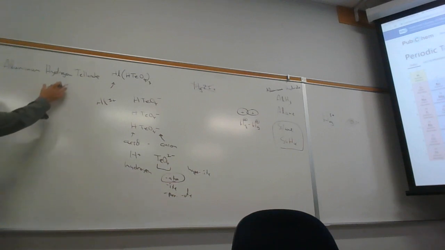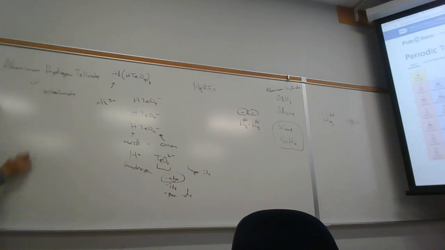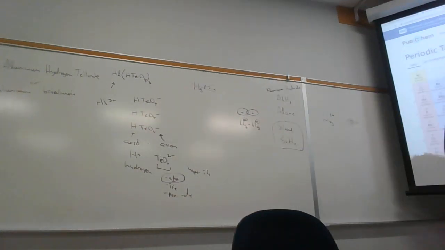Sometimes we use the prefix bi, so it's aluminum bitellurate. Bi is a very common name, so that's why you should know that. Any other questions?